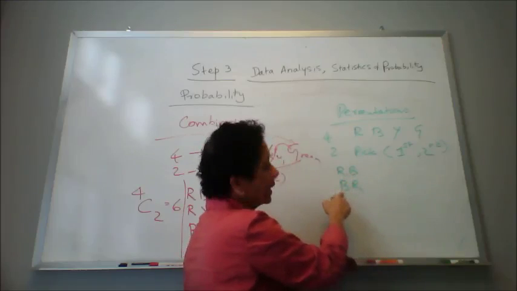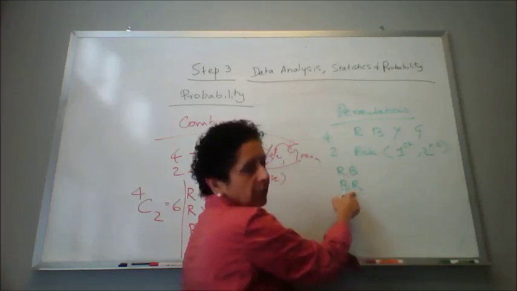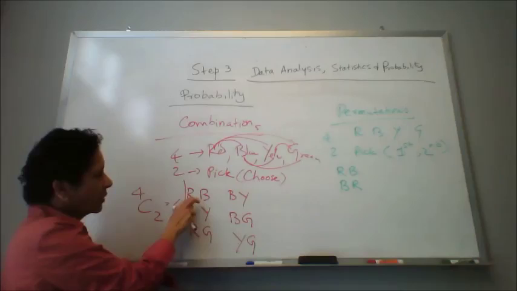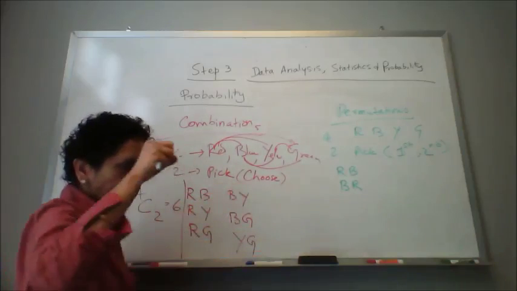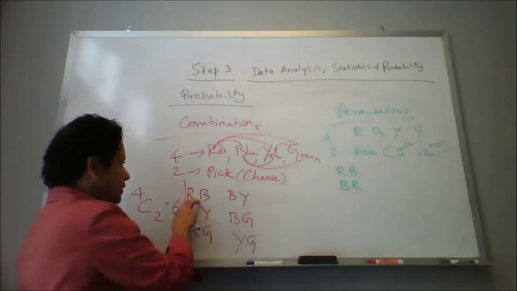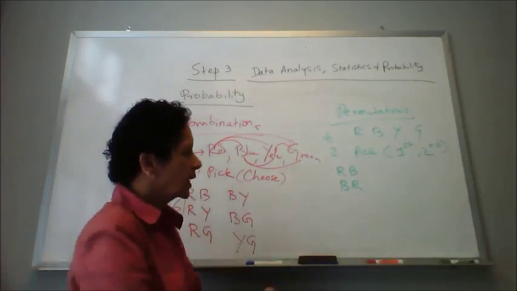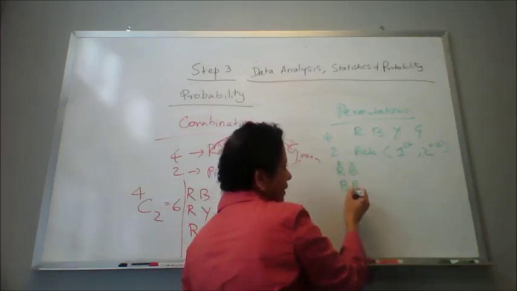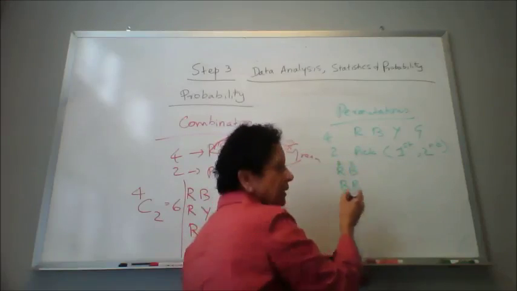Blue gets the first prize, red gets the second prize, right? In the marble case, the order doesn't matter, so I just have red and blue. I'm just picking 2 marbles. Marbles don't compete. There's no competition for marbles. So I just got red and blue. But in this case, red gets the first prize and blue gets the second prize, or blue gets the first prize and red gets the second prize.